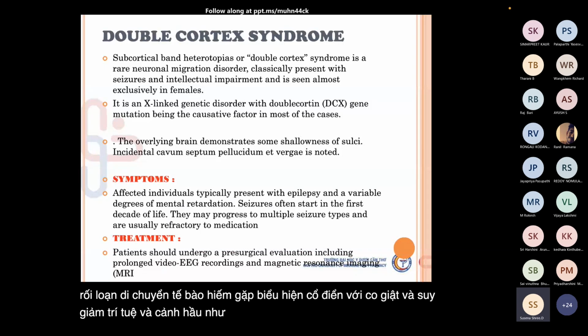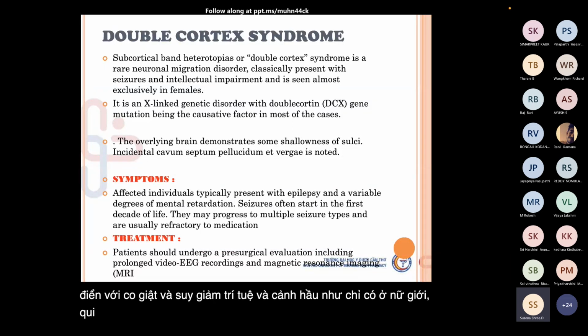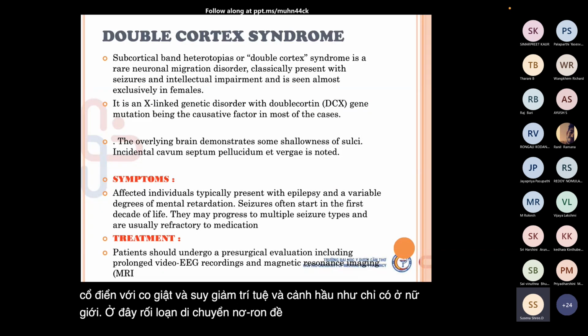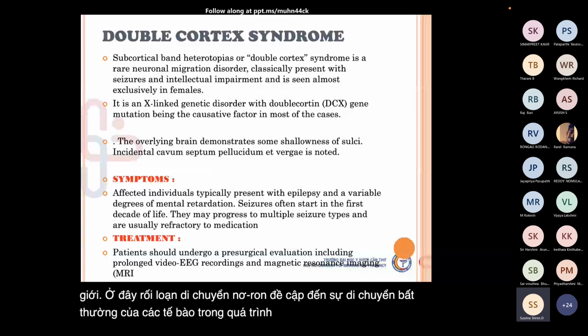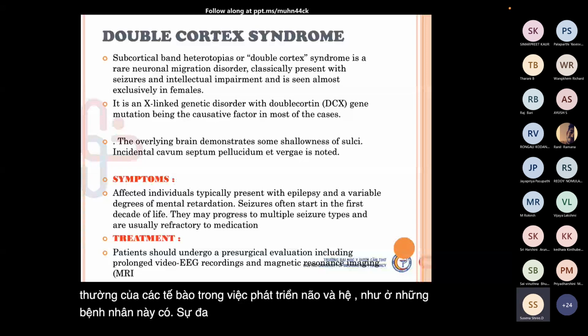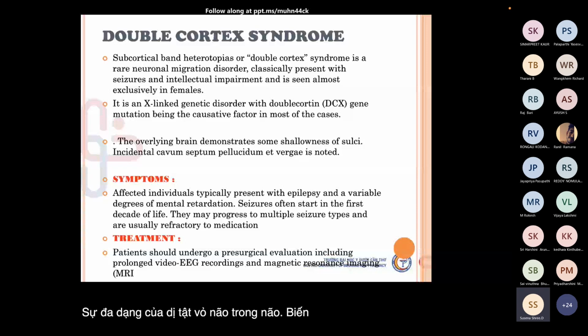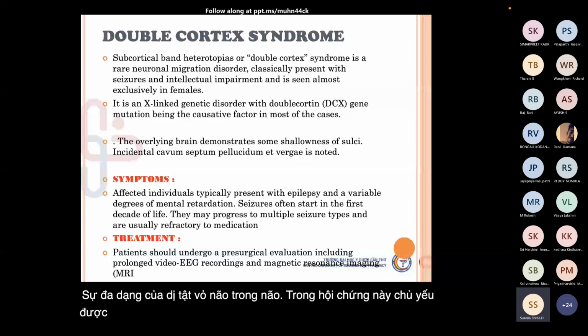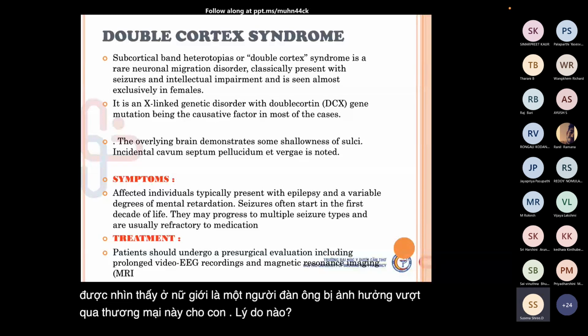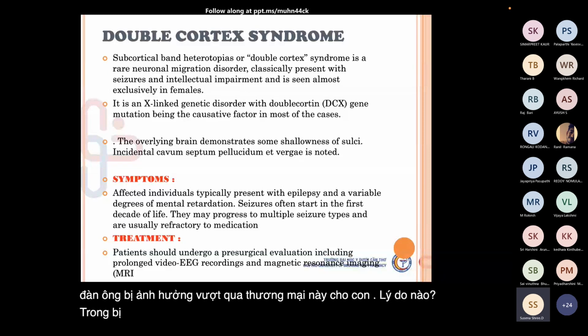Neuronal migration disorder refers to abnormal migration of neurons in the developing brain and nervous system, so in these patients there will be a variety of cortical malformations in the brain. This syndrome is mostly seen in females, as an affected male passes this trait to his daughters, which results in affected females. Most of the females are affected in this syndrome.